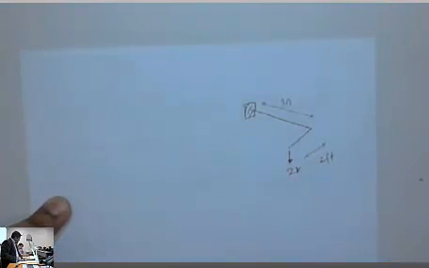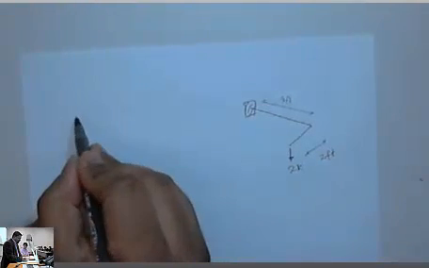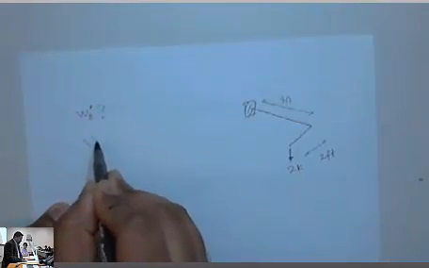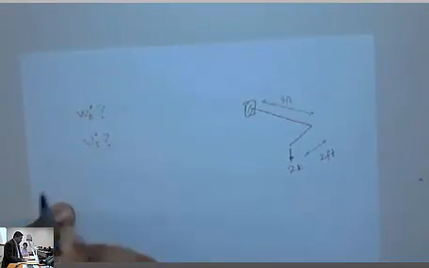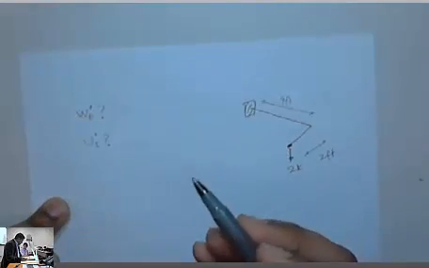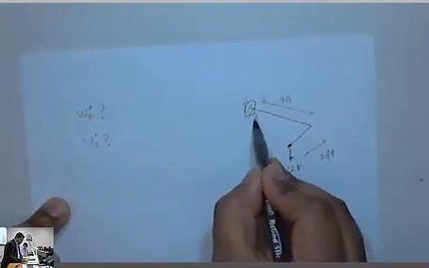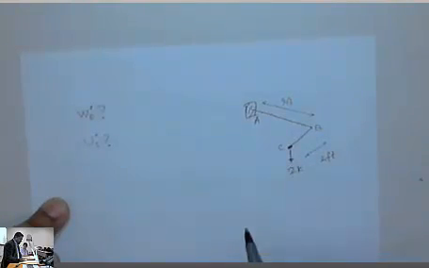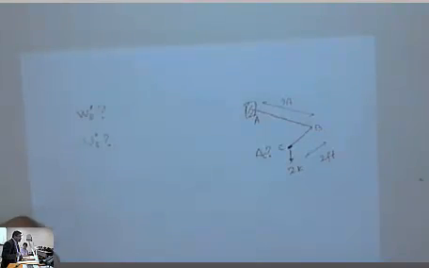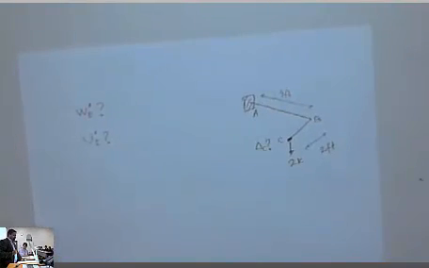Everything else is exactly the same. Using principle of virtual work, what is WE prime? What is UI prime? The problem is we want to find displacement. Let me label them the same way as well. A, B, C. And we want to find delta C.